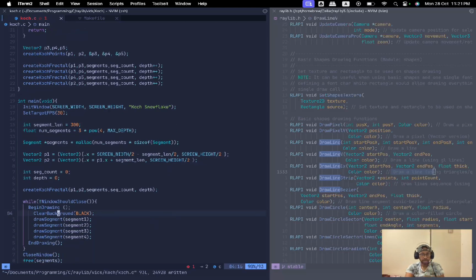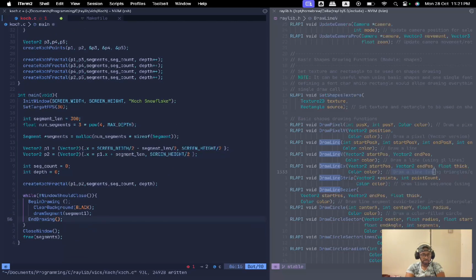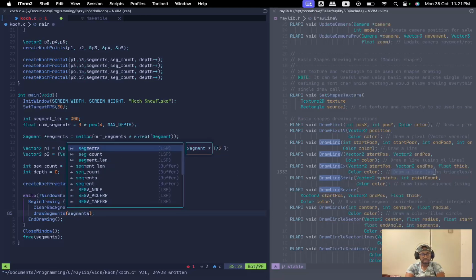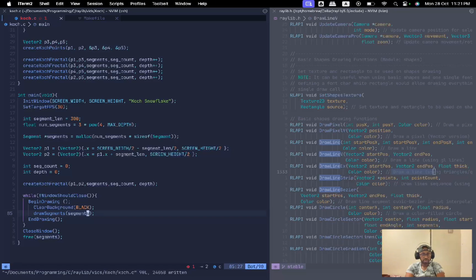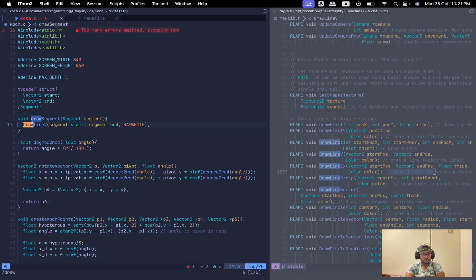Okay, now we need to modify this function. So previously we were drawing a single segment, but I want to draw all the segments in the array. So let's make this draw segments and pass in segments. If we go here and modify this again, this will take an array, and I need to know the size. So int num segments.